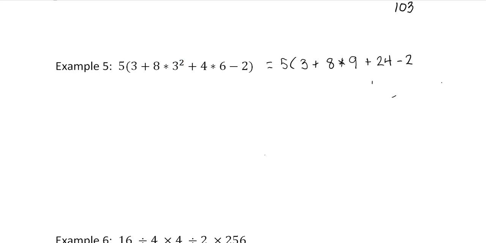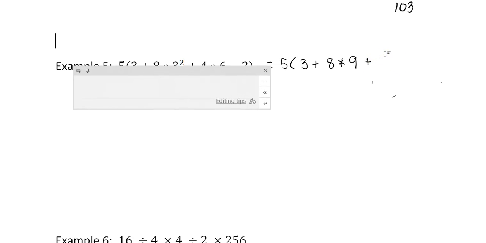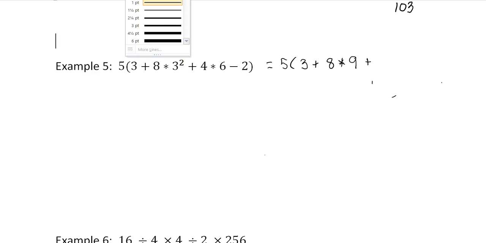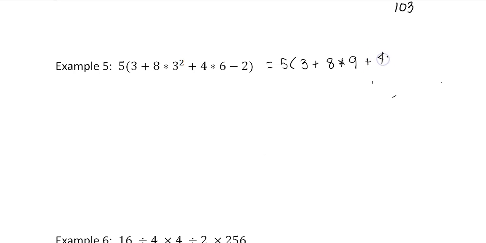I should have done the 4 times 6 minus 2. Now I'm going to go ahead and do basically my multiplication, and then I'm going to go from there.